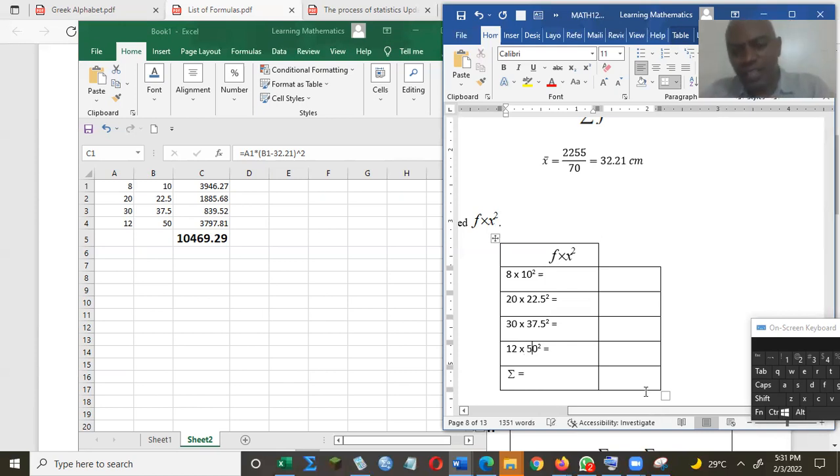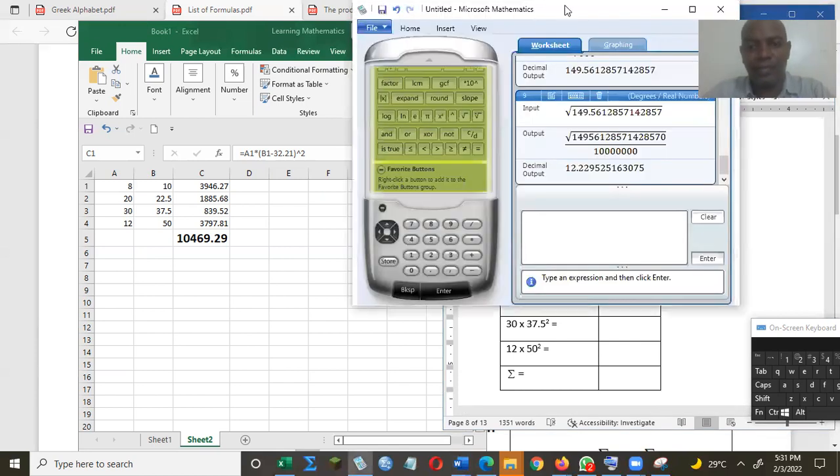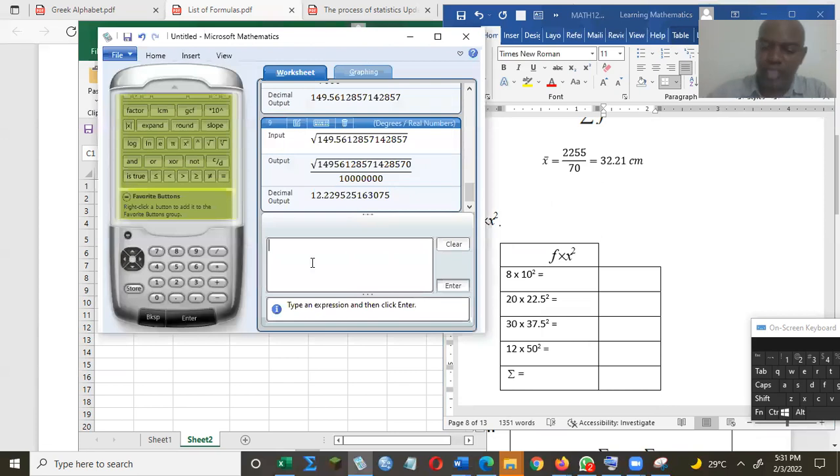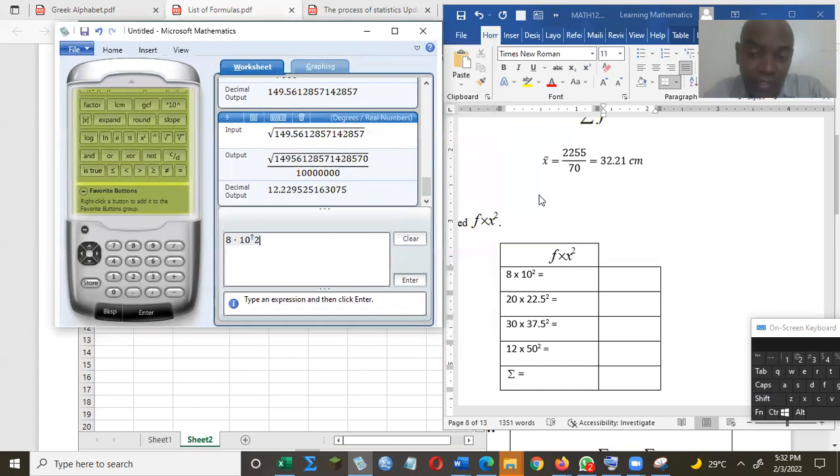So these are the fx squared. And if you want to do an fx squared manually, you go to your calculator. You type 8 times 10 raised to the power of 2. And please bear in mind, fx squared means it's the x alone that's being squared, because historically a lot of students want to square the fx.